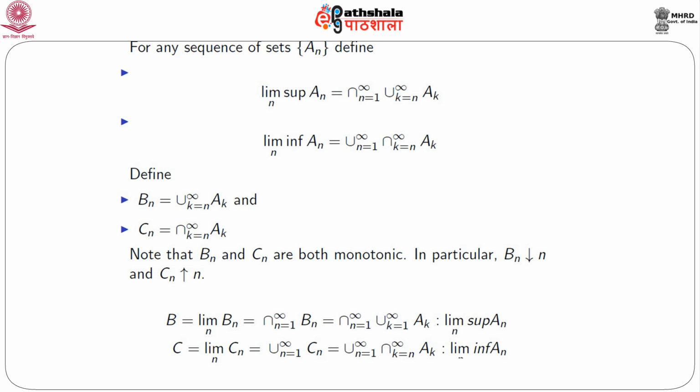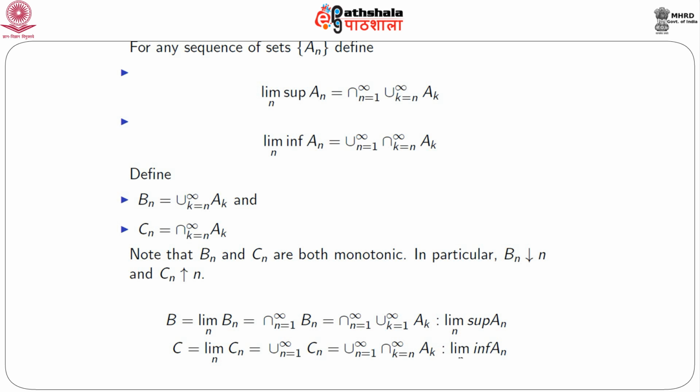So, its limit will be its intersection. This is nothing but lim sup of A n, and C is limit C n, and we can see that C n is monotonically increasing. So, its limit will lie in its union, and this is nothing but lim inf of A n.